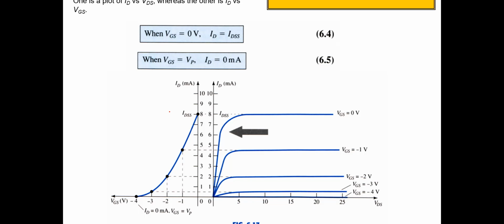From here we can see the characteristic of the JFET: when VGS is equal to 0, ID is equal to IDSS, and when VGS is equal to VP, ID is equal to 0. So the characteristic is like this: when VGS equals 0, ID is equal to IDSS, and when VGS equals VP, for example VP is equal to -4, ID is equal to 0.